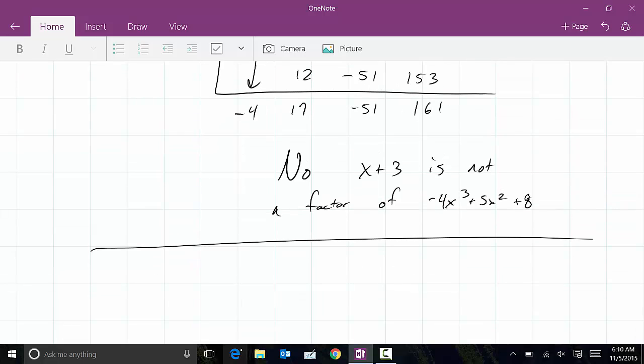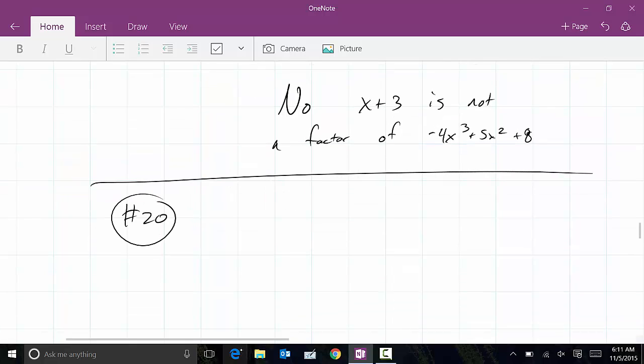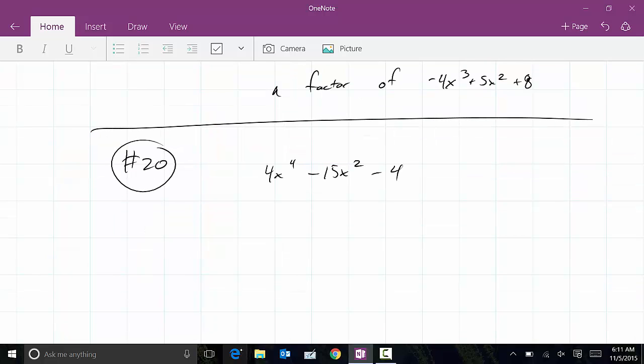Let's do another one. This is number 20. Same directions. Now we're checking 4x to the power 4 minus 15x squared minus 4. And the divisor is x minus 2.